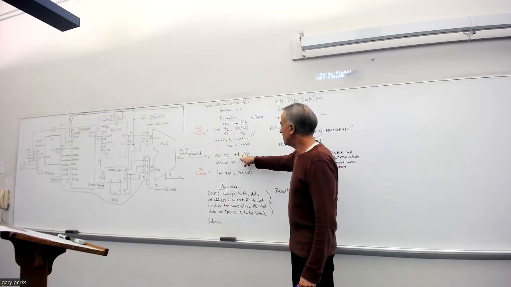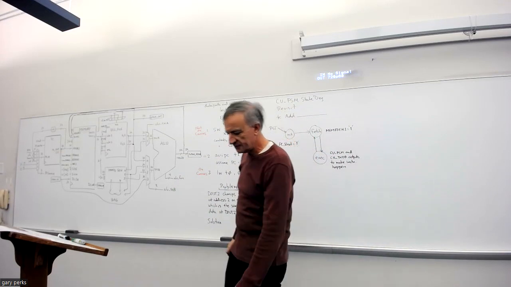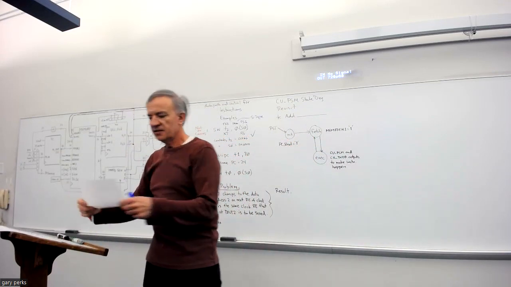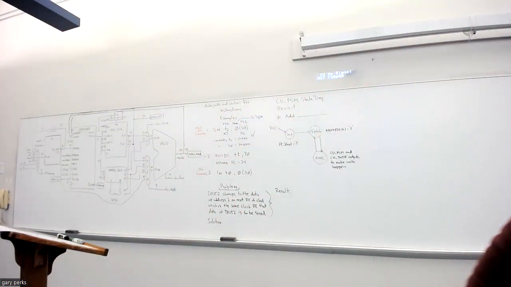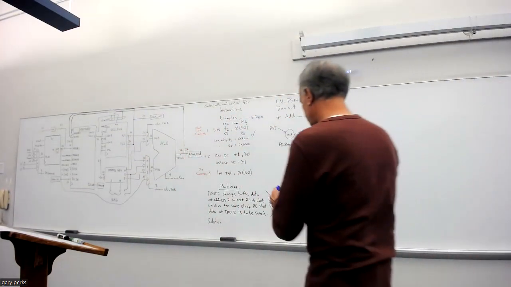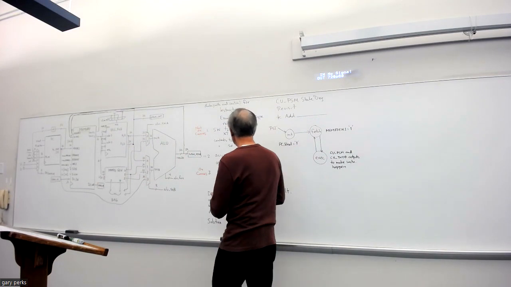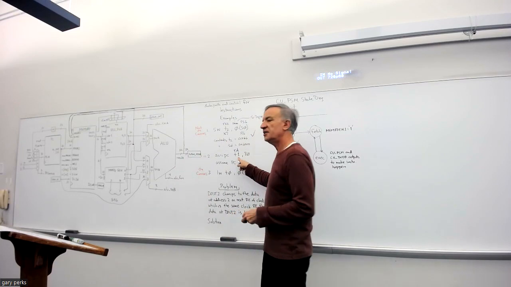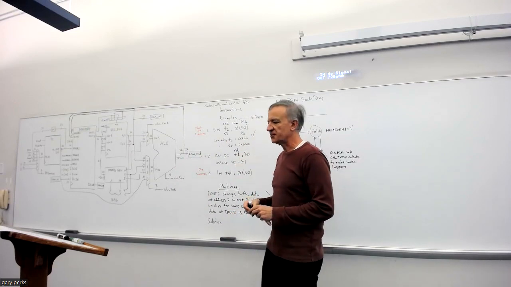Okay, so what do we have here? What is T1? RD. Right, that's the destination register for this instruction. And T1 is the alternative name for which register?